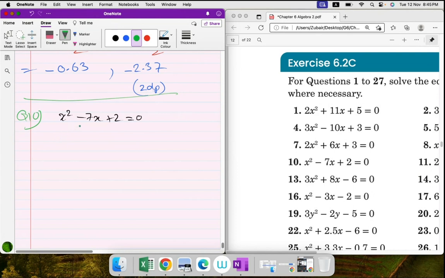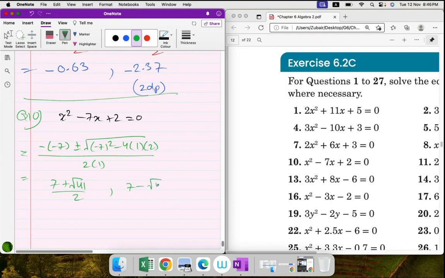In exam, you will write minus b plus minus square root of b square minus 4ac over 2a, and punching in the calculator. Seven plus square root 41 and 7 minus square root 41.